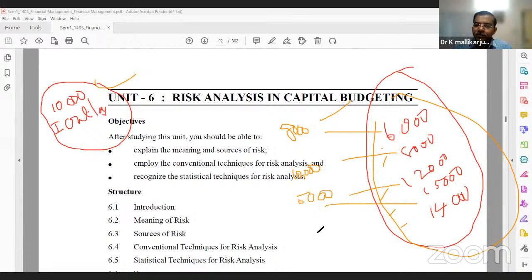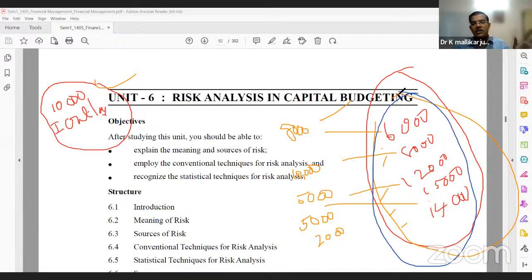Fourth year, instead of 15,000, we receive only 5,000. And in the last year, we receive only 2,000. So whatever we estimated is wrong. You estimated everything correct, but in practice, the firm is facing some risk.